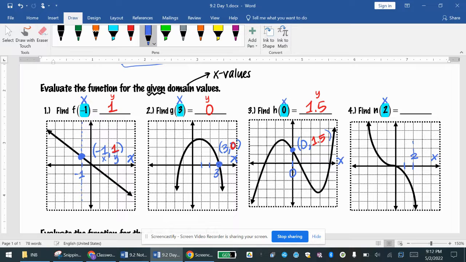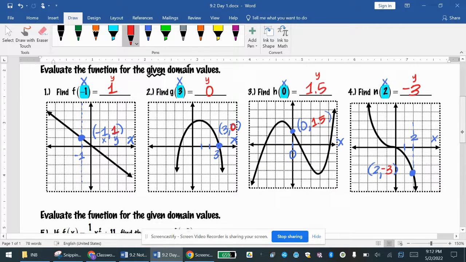Okay, so if you follow this line until you hit the function, this ordered pair is 2, comma, -3. So the value is -3. All right, so hopefully that looked familiar. Espero que reconocieron la mayoría de esto, okay?